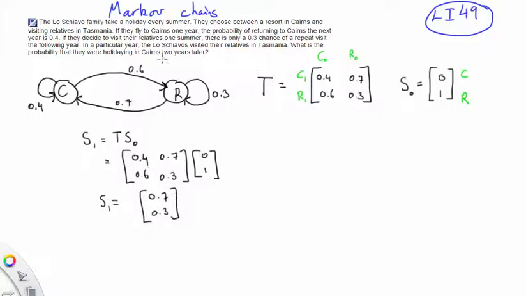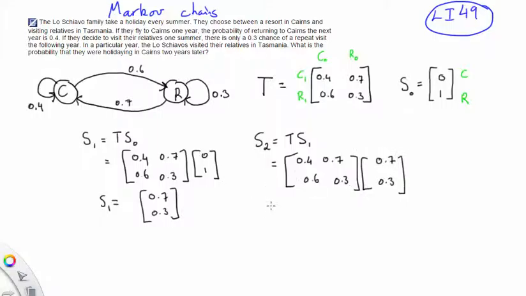Great, but we want 2 years later. So we want S2, which is the transition matrix times S1. So that's 0.4, 0.7, 0.6, 0.3 times S1, which is 0.7, 0.3. Alrighty.